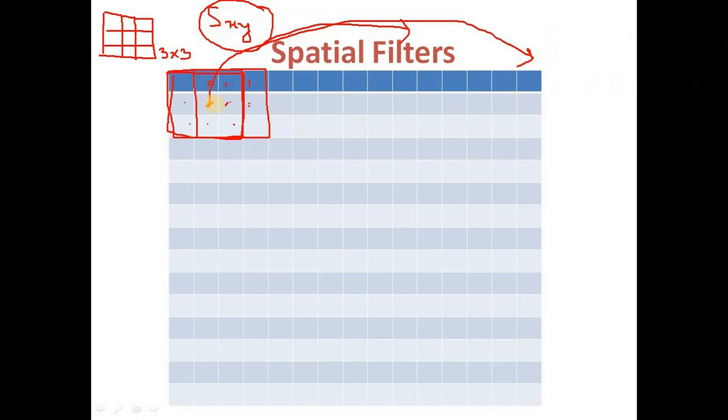After this coordinate's intensity has been calculated, the kernel is shifted to the right, and the same thing is repeated to get the intensity for the next coordinate in the resulting image. Then it is shifted to the right by one more pixel, and it continues from left to right, and similarly for the vertical shifts.